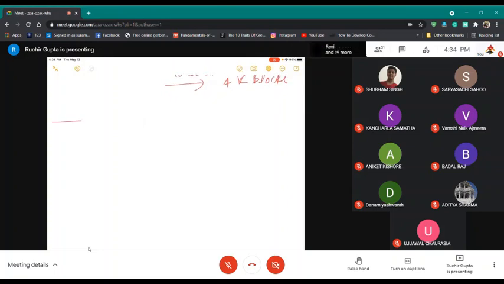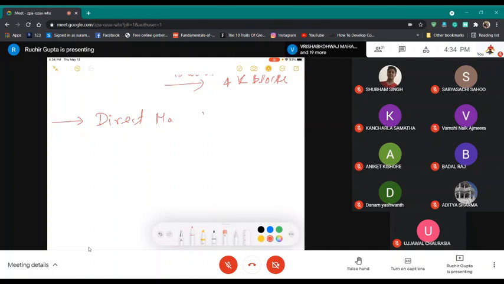So now we discuss three kinds of mappings. One is direct mapping. Another is associative mapping.